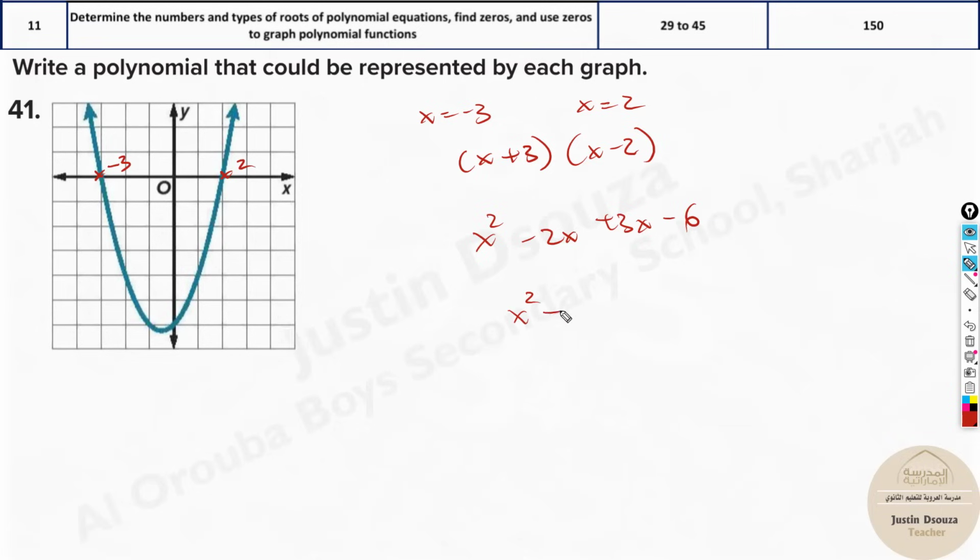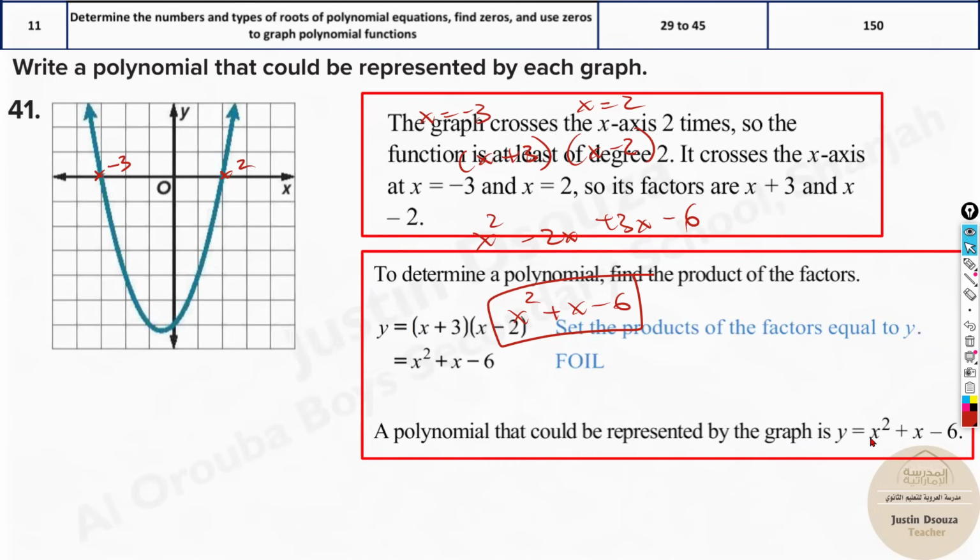Now simplify this: x squared plus x minus 6. This is more likely the answer. Now here you can have some constants, in the sense you can multiply throughout by 2 and so on, but this is the basic equation for this particular graph. You can see the final answer, x squared plus x minus 6.